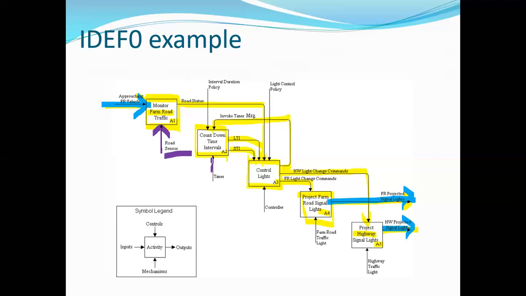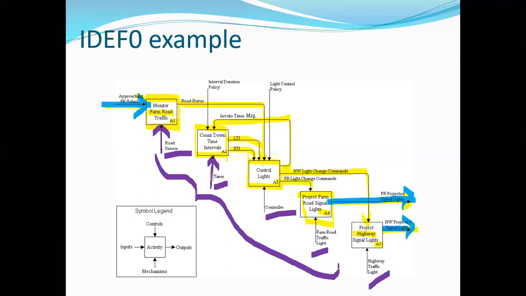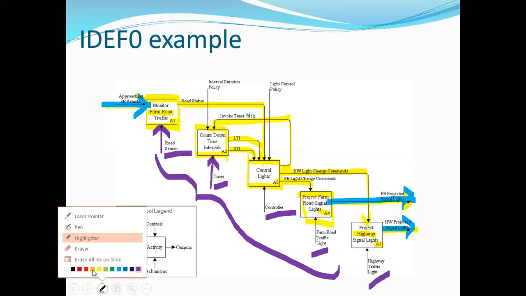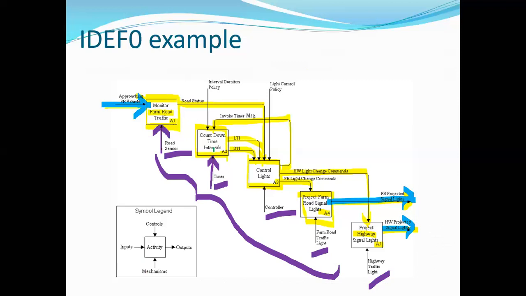To run the countdown time tracker interval, we need timers, a controller, and traffic lights for the farm road or highway. So this belongs to the machine or the operator that carries out the process. Another one we call the control belongs to the green one.